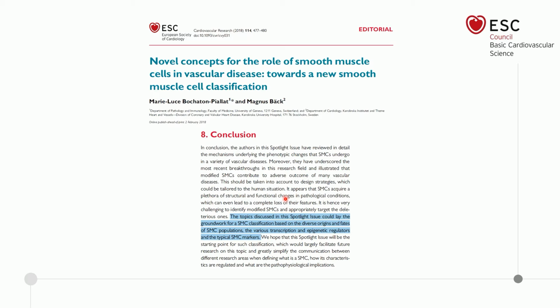So I would like to recommend this recent spotlight in Cardiovascular Research, where the authors, in a series of papers, try to make new recommendations, a new classification of vascular smooth muscle cell properties. The topics discussed in this spotlight issue could lay the groundwork for smooth muscle classification based on the diverse origins, that's important, and fate of vascular smooth muscle cell populations coming from various transcription and epigenetic regulators and the typical smooth muscle markers.